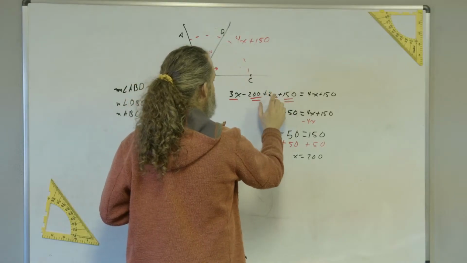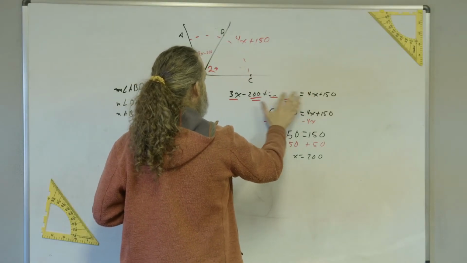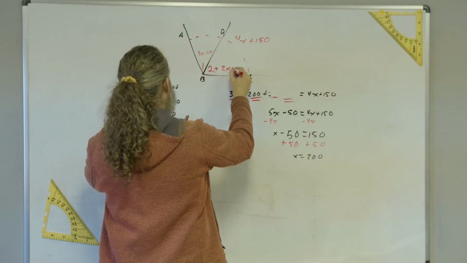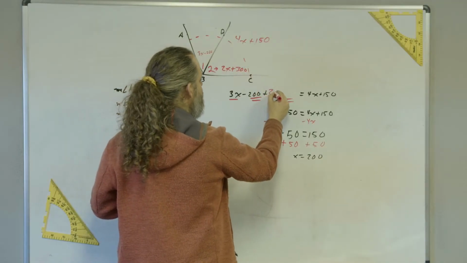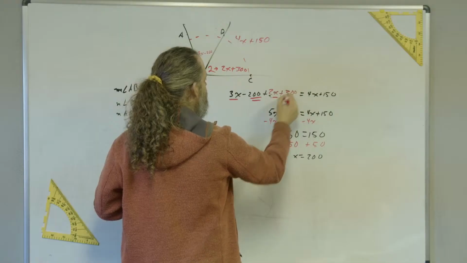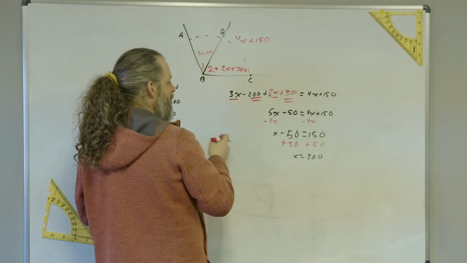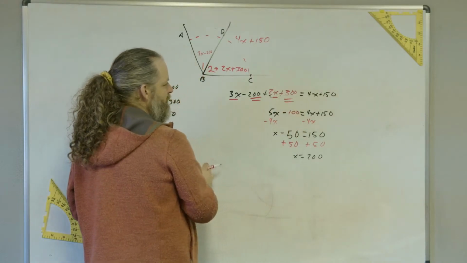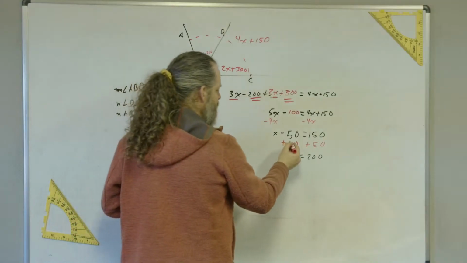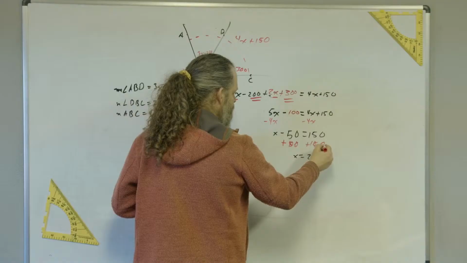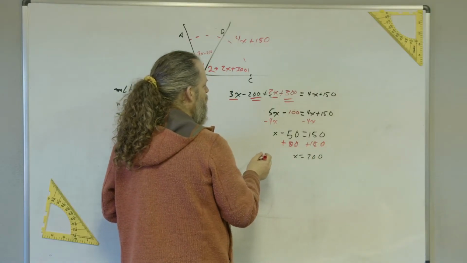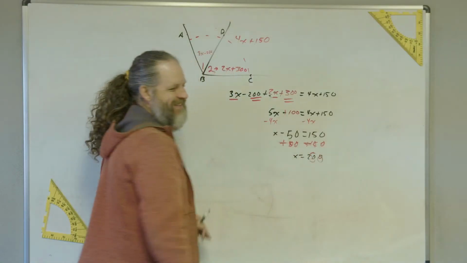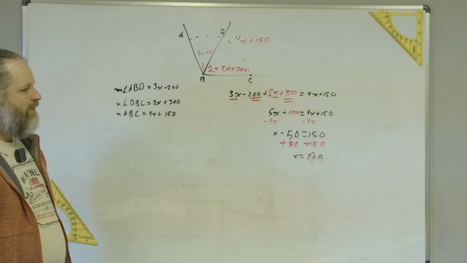What am I doing? This is DBC, 2x plus 300. So when we combine like terms, this is 100. This is 5x. When we add 100 to both sides, it's positive 100. We subtract 100. This is 50. Sorry, y'all. I went crazy.